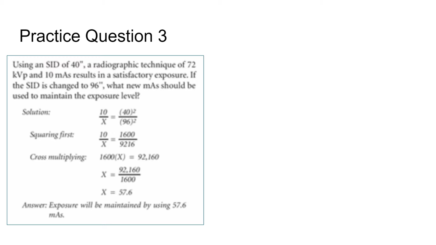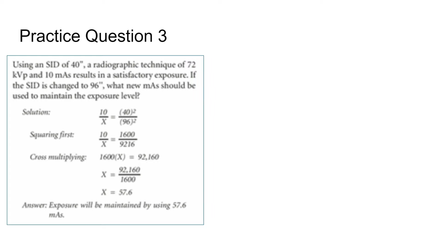Okay, so we don't need that because it doesn't apply. Okay, and we used 40 inches SID at 10 mAs. That's our first mAs. And then we switched to 96 inches. What is our new mAs going to be?